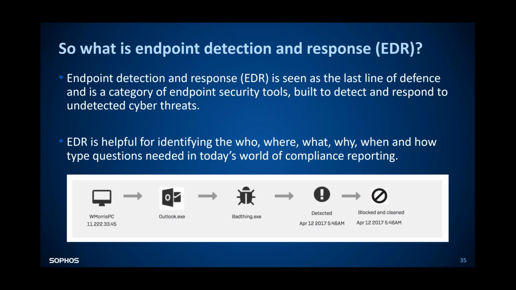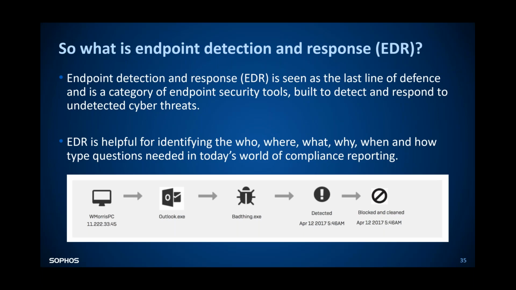So in this screenshot below is a quick example that we've taken from one of our simulated EDR events. So in this case, we've got a PC, and again, you've got the IP address, so you can know where to go look on the network for it. In this case, the user's opened Outlook. Within that, obviously, they've opened an email with an attachment on, which in this case is called badthing.exe.